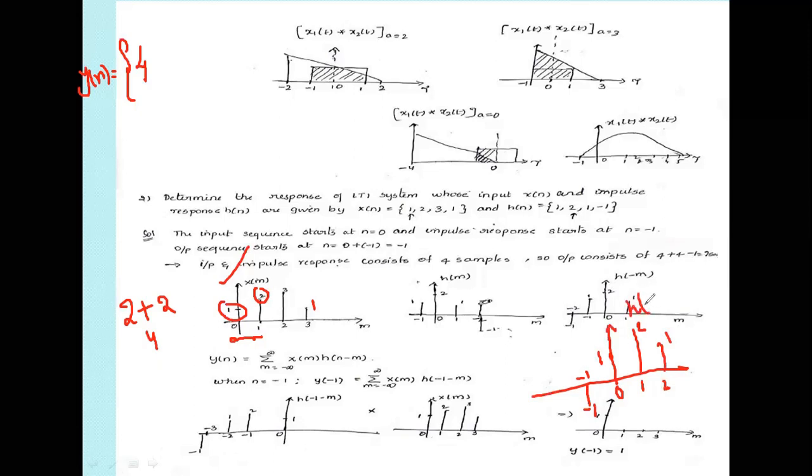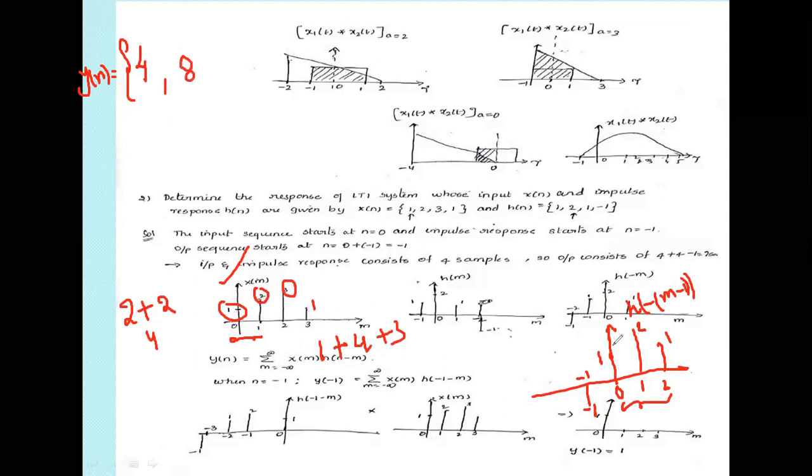That is h of minus m minus 1. One sample is moved. So again here there are three values, 1, 2, 3 are the magnitudes. Here 1, 2, 1. So 1 into 1, 1. 2 into 2, 4. And here the magnitude is 3. 3 into 1 is 3. So 8 is another value.